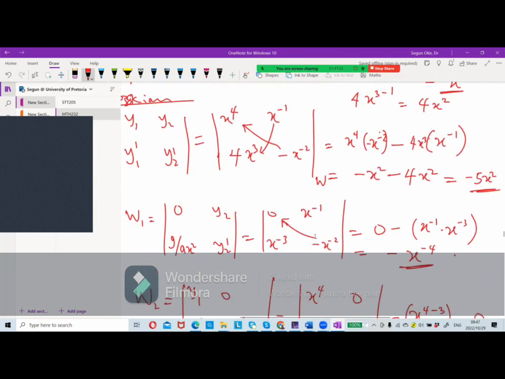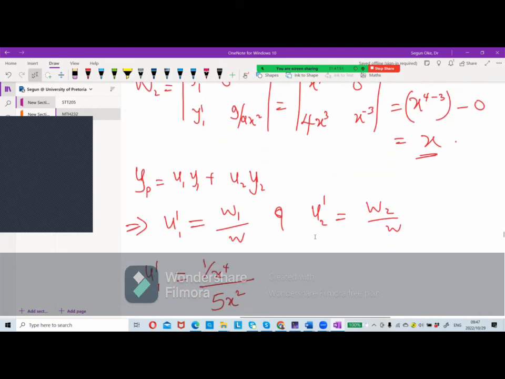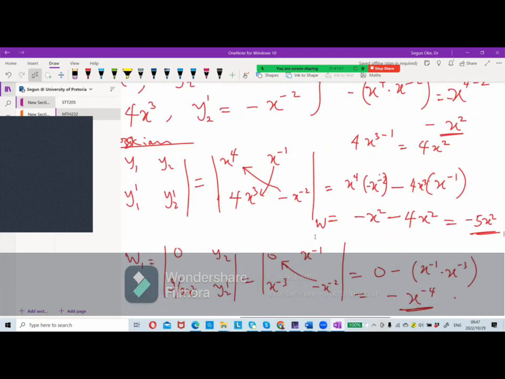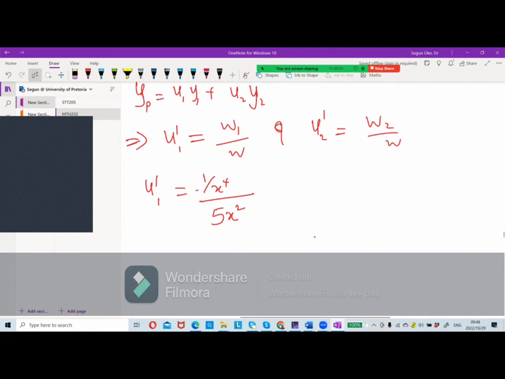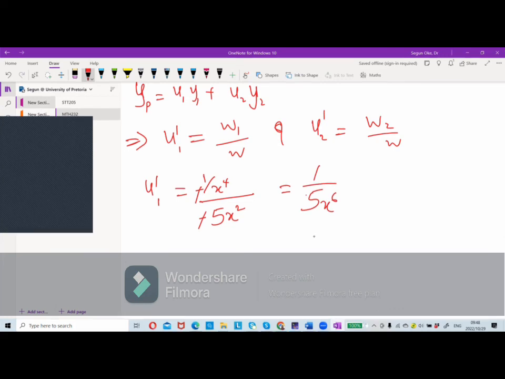Okay. Then what is W1? W1 is negative S to the power minus 4. So negative, negative, this one cancels this, right? Yes, sir. So we have 1 all over 5S raised to power 6. Do you agree? Yes, sir. So this is U1 prime.